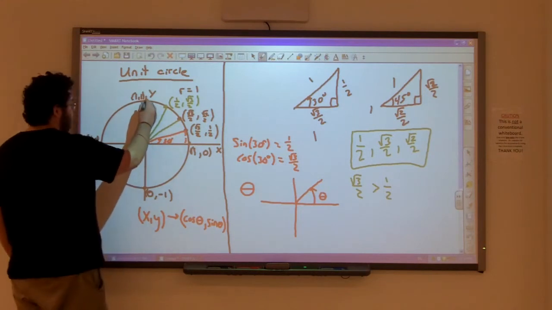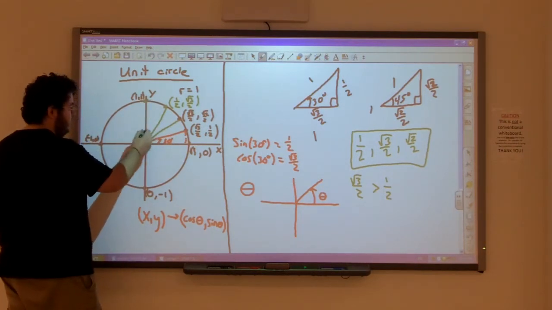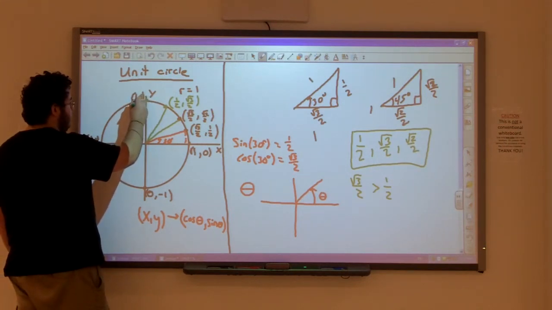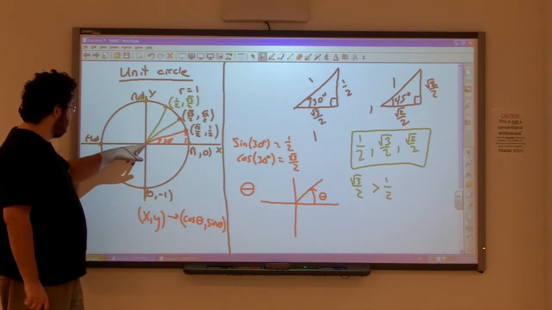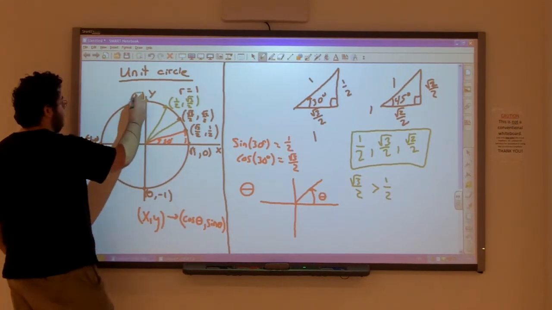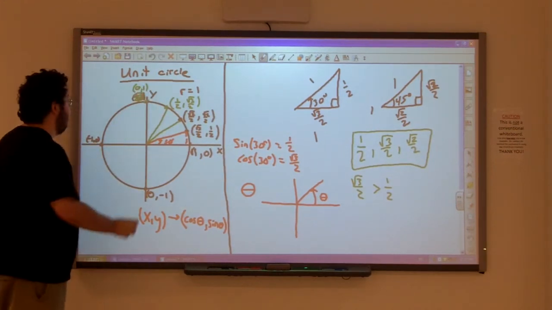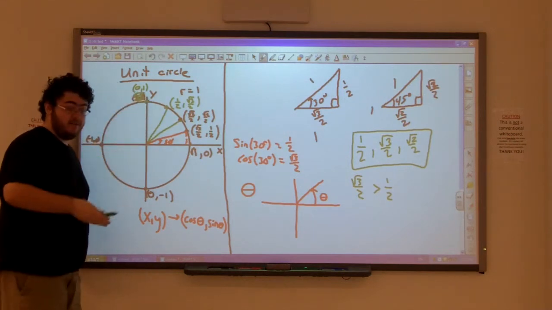Well, we can also look at this point. So if we look at 90 degrees, the cosine is 0 because the x value is 0.